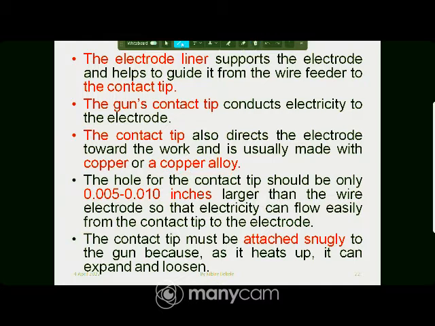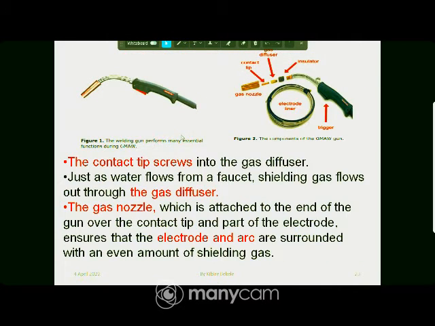So this is one piece of equipment. Here the figure shows the welding gun. This part is a gas nozzle, and all of this together we call a welding gun.